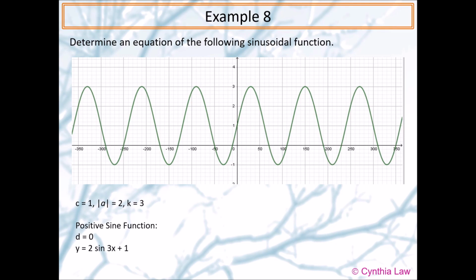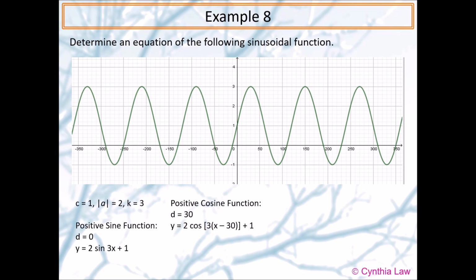Using the positive sine function, d is 0, so when we substitute c, a, k, and d into y equals a sine of k bracket x minus d, close all the brackets, and then plus c, we have y equals 2 times sine of 3x plus 1. This is if we choose a positive sine function to explain the equation of this function.